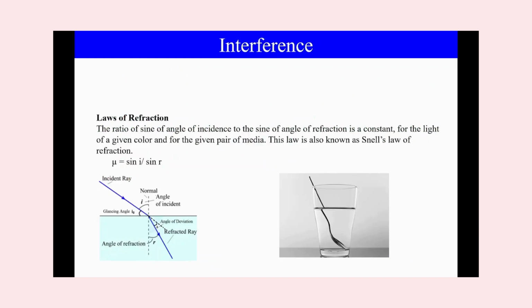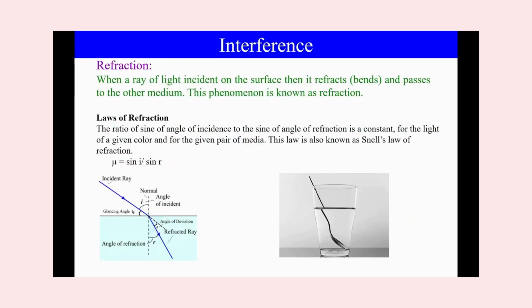Then coming to the refraction property, when a ray of light is incident on the surface of a medium, it bends into another direction. This phenomenon of light is called refraction. Now in the case of refraction, we have to observe the laws of refraction. If you observe the diagram, 2 mediums are shown.